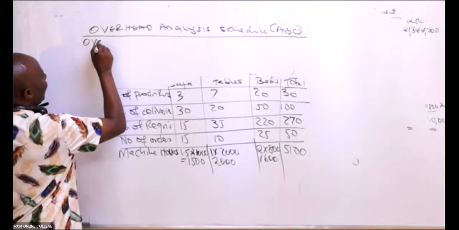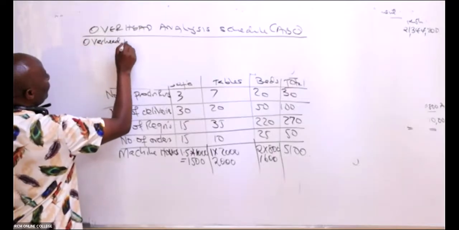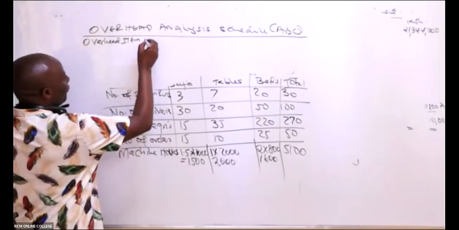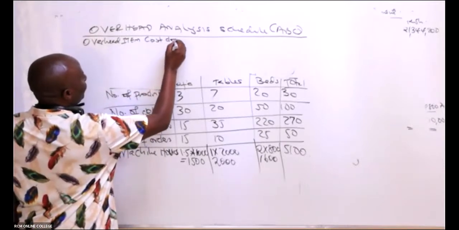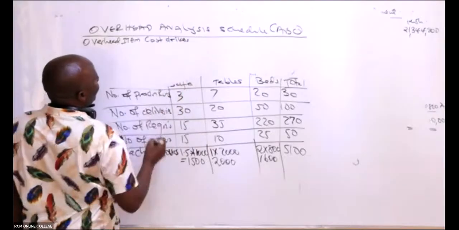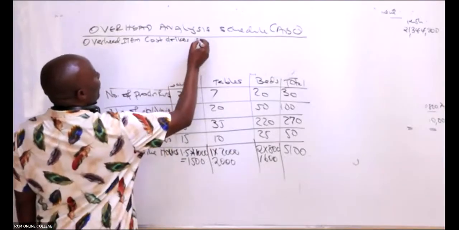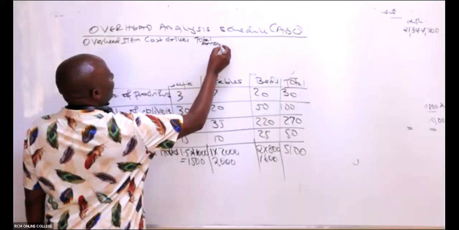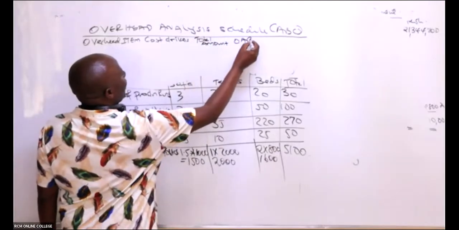You have the overhead item. You have the cost driver. Then you have the total amount. Then you have OAR.